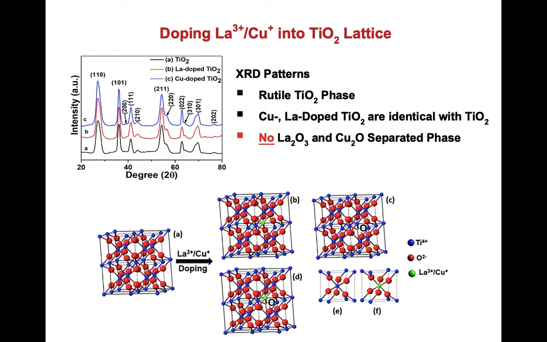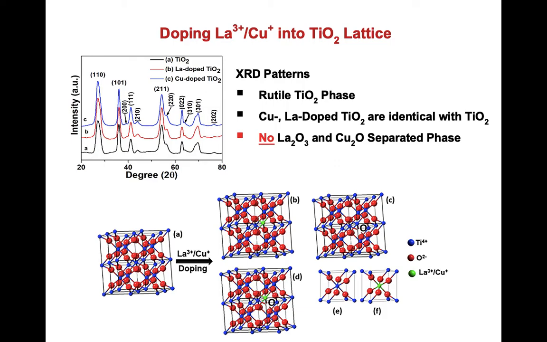XRD patterns of lanthanum doped and copper doped titanium dioxide reveal that the patterns match well with the standard pattern of titanium dioxide particle. The diffraction peak positions of lanthanum and copper doped titanium dioxides are more or less the same as those of undoped titanium dioxide.